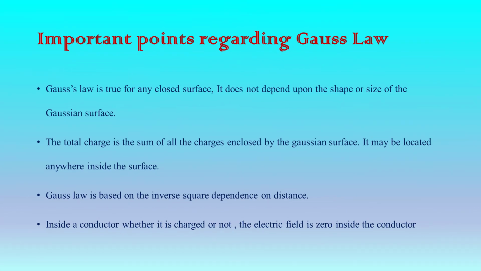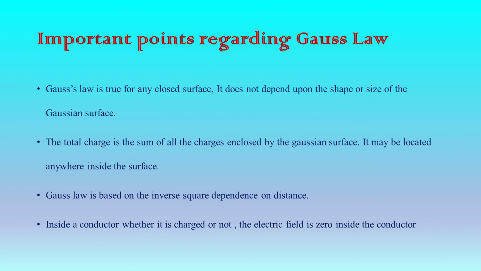There are some important points regarding Gauss law. Gauss law is true for any closed surface. It does not depend upon the shape or size of the Gaussian surface. It means the Gaussian surface can be of any shape or size. The total charge is the sum of all the charges enclosed by the Gaussian surface.